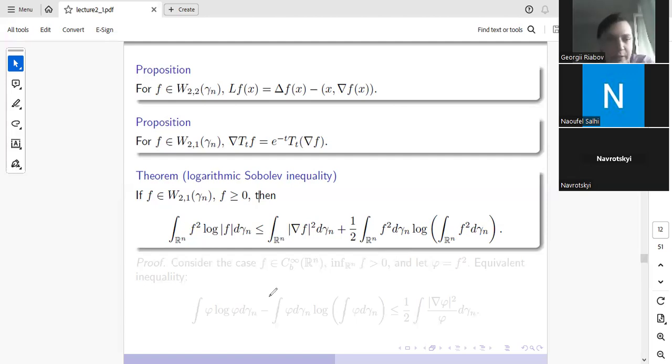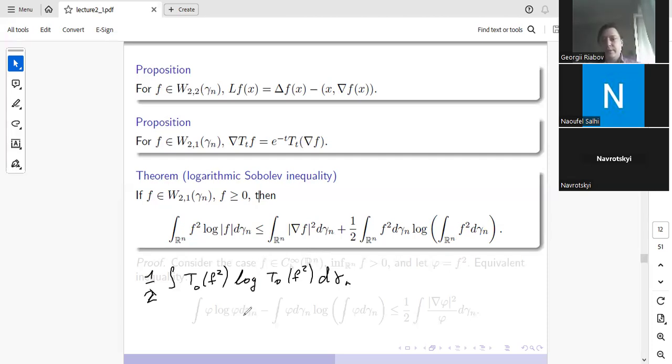The main idea behind this inequality is that f squared can be viewed as T0 of f squared. Log of f can be viewed as, let's say, one half log of T0 of f squared, d gamma.